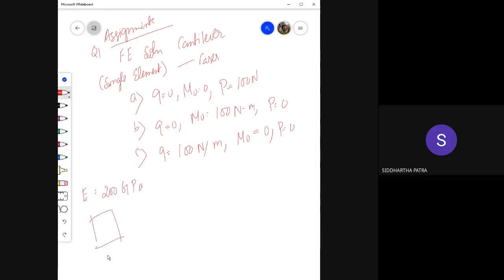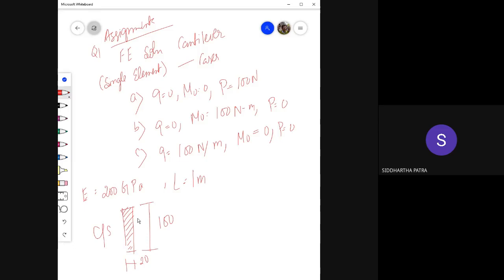This is the cross section. Dimensions, as you can identify, are in millimeters. So this is the cross section. So you can figure out the I value, and L is 1 meter.